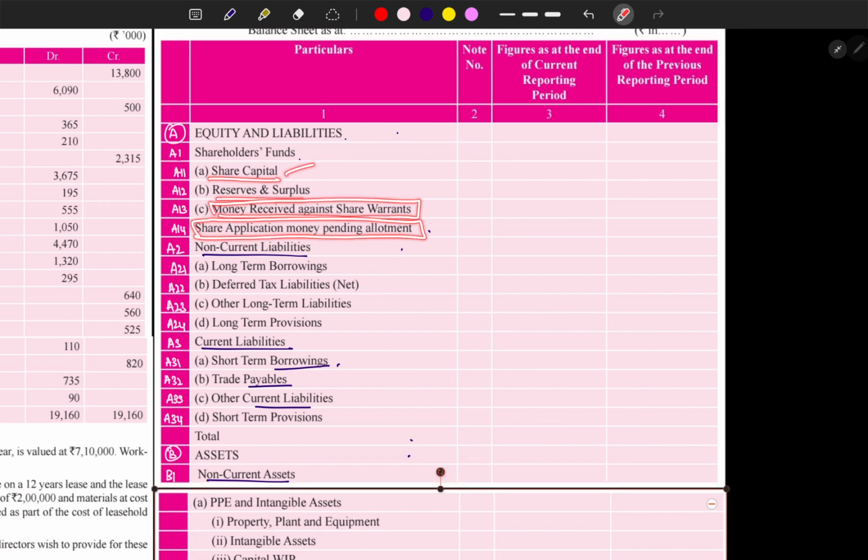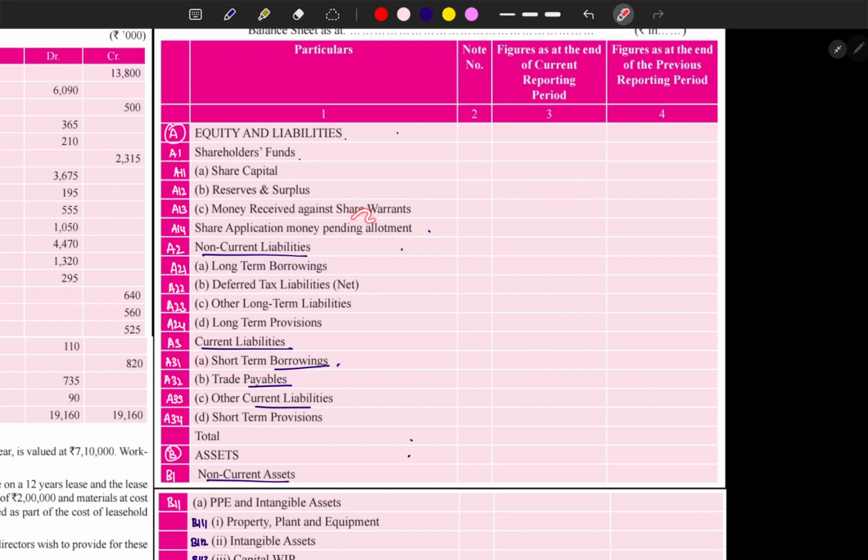The share capital is the actual share capital we have in our business. If there are any calls in arrears, they have to be deducted, and only the net paid up capital is shown here. Reserves and surplus are any reserves we have in our business, like general reserves, revaluation reserve, securities premium reserve. We have to total them and show it here.